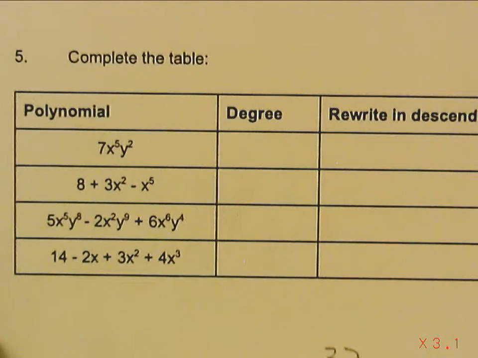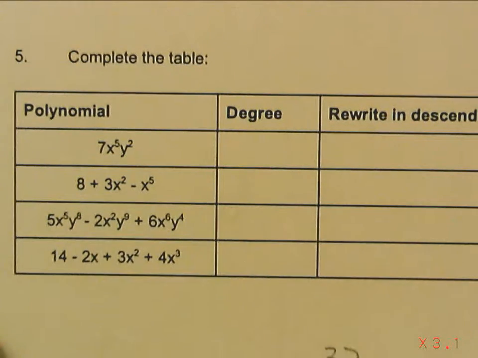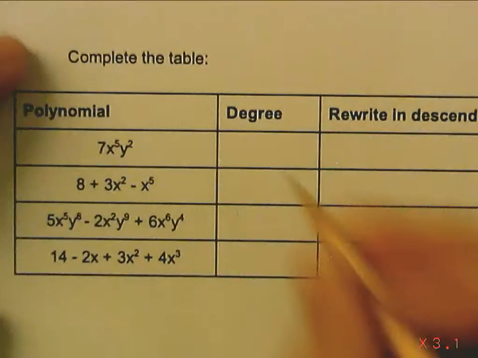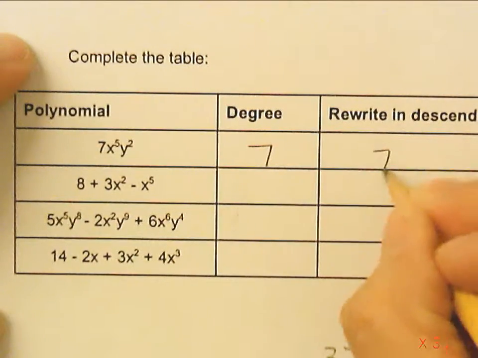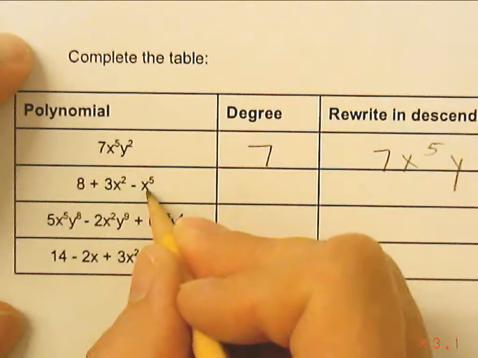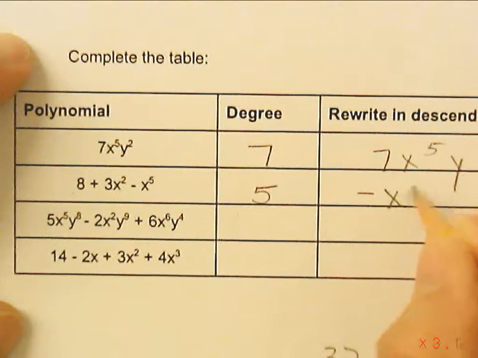So, for the first one, the degree would be, I add the exponents of just the variables, so this would be degree 7, and I don't have to rewrite it because it's just one expression. So the degree is 7, and it would stay 7x to the 5th y squared. Here, this degree is the highest degree, so it would be 5. And I would rewrite it as negative x to the 5th plus 3x squared plus 8.